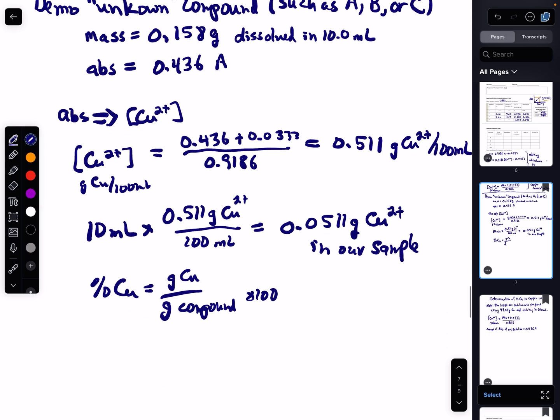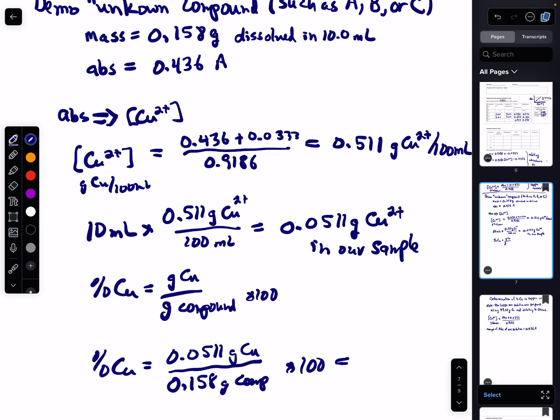So the percent of copper is going to equal 0.0511 grams of copper divided by 0.158 grams of compound times 100. And that gives me 32.3%.